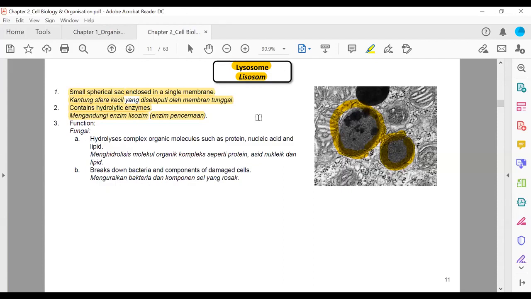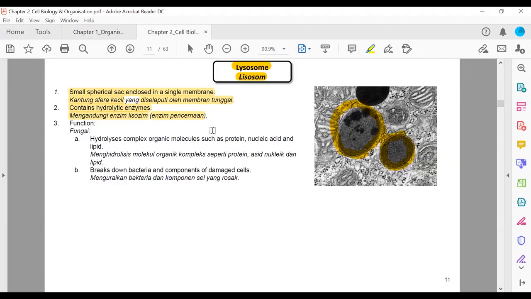Okay, let me explain. Dalam lysosome ini, what the lysosome carries? The lysosome carries enzyme. Dalam tu ada enzim. Dan enzim itu dipanggil sebagai hydrolytic enzymes kalau dalam English. Kalau dalam bahasa Melayu kita panggil enzim pencernaan. Enzim pencernaan ada dalam lysosom. Lysosom carries that.